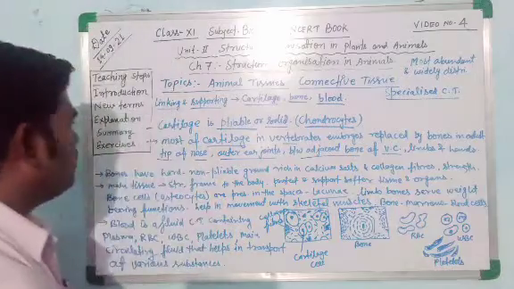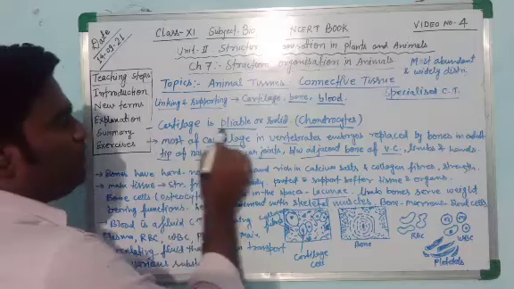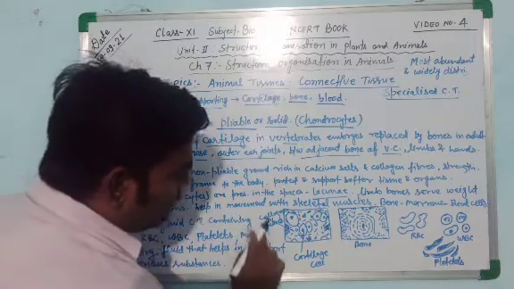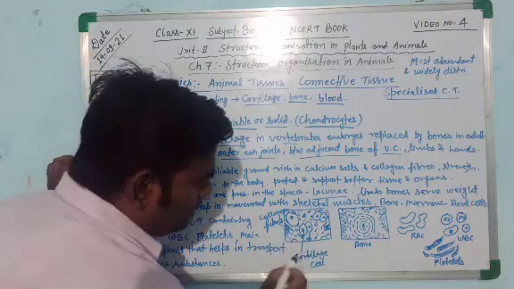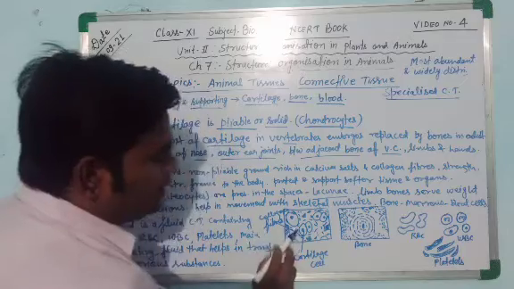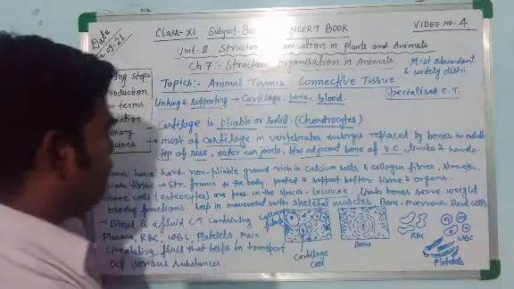So this is about cartilage, the pliable structure. You can see the structure of cartilage having collagen fiber, and these are the cartilage cells, chondrocytes.